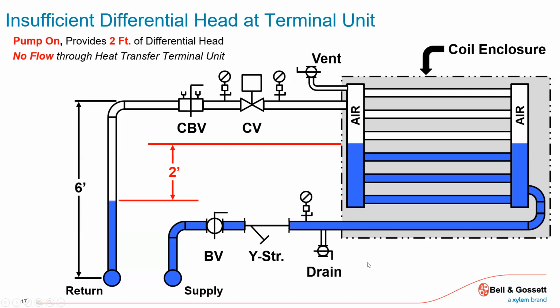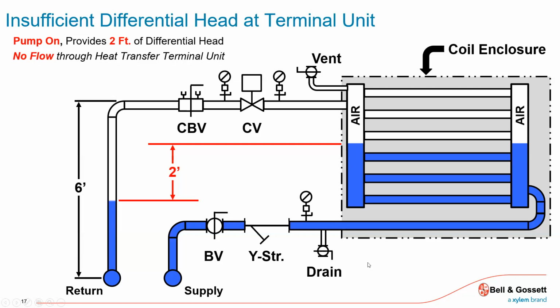And what they're trying to show here is maybe I've got this coil, chilled water, hot water, whatever the case may be, in some kind of cabinet or enclosure. I've got a supply pipe through a balance valve of some sort going through, and here's my return line. They're showing an example where you turn the pump on and the pump's differential across this particular circuit, this terminal unit, can develop 2 feet of head.